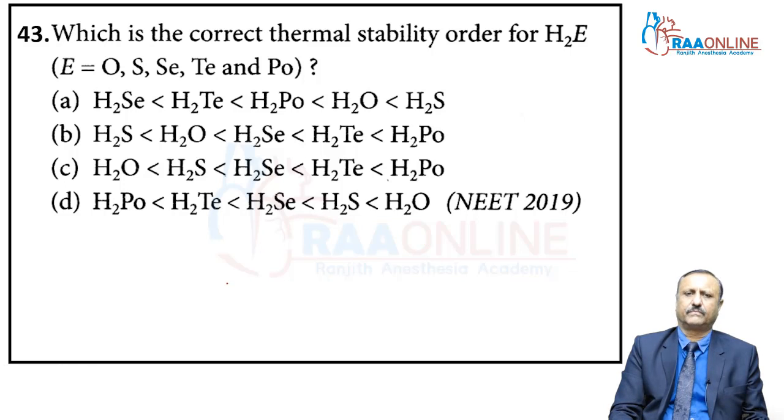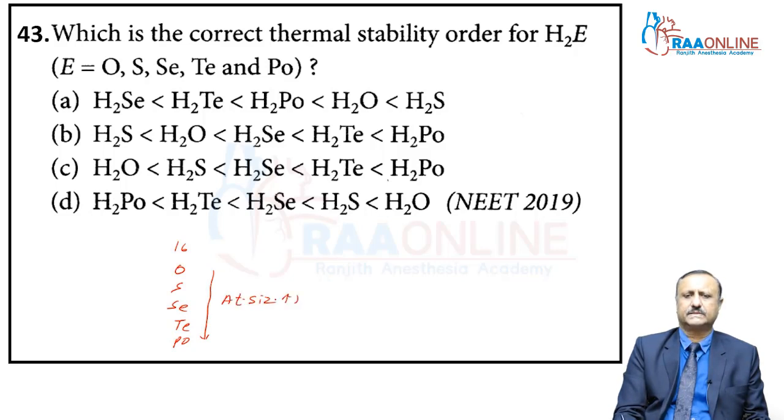Now we can see question number 43, which is the correct thermal stability order for H2E. My dear students, here when we move down group 16: oxygen, sulfur, selenium, tellurium and polonium, atomic size increases, and these form hydrides H2O, H2S, H2Se, H2Te and H2Po.